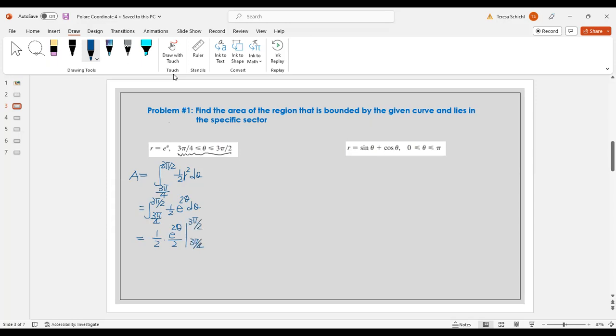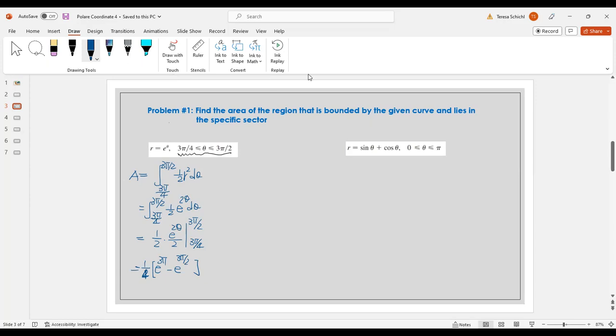Substituting, the final answer is 1/4 times e to the 3 pi minus e to the 3 pi over 2. Like I said, this type of problem is pretty easy because they already give you the angles you want.